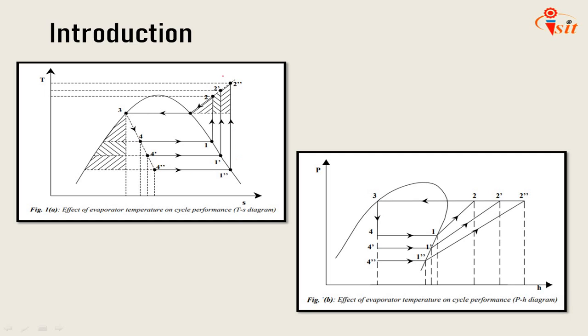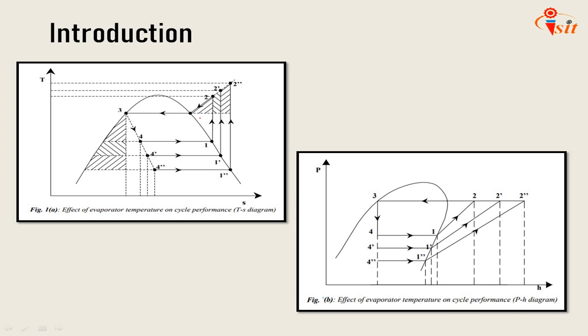Superheat losses increase. Compressor discharge temperature increases. Quality of vapor at the inlet to the evaporator increases. Specific volume at the inlet to the compressor increases.